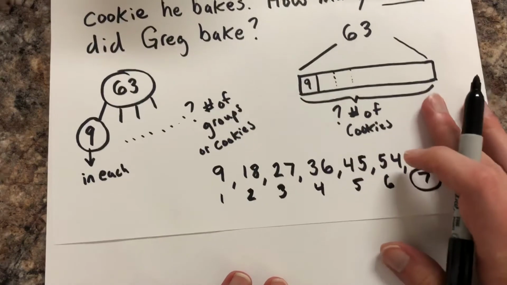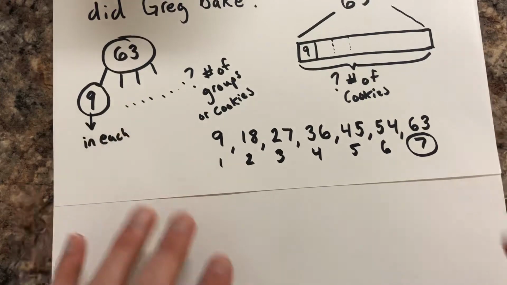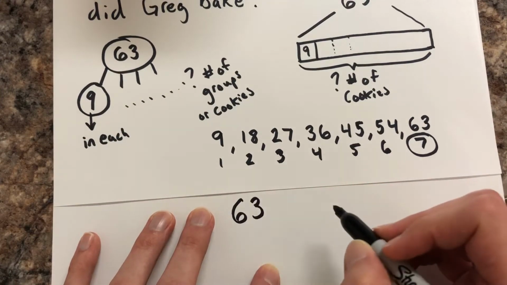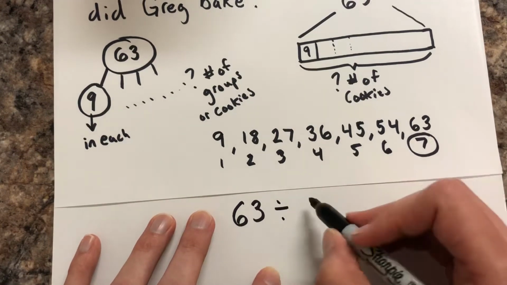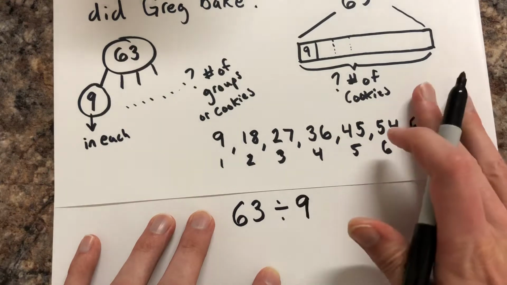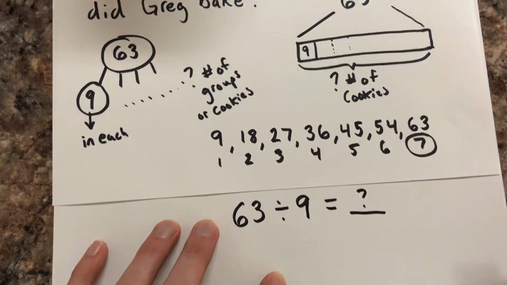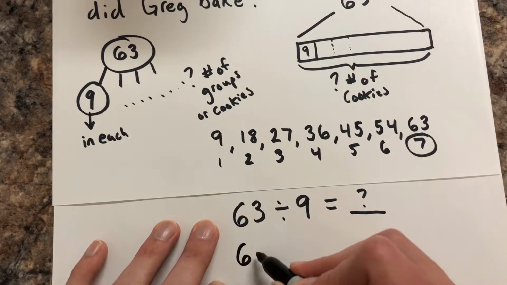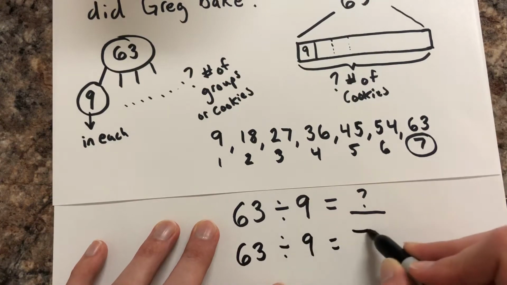Nice. So here's what my equation looks like then. I had 63 chocolate chips, right? I shared them equally with 9 chocolate chips on each. I wanted to know how many cookies that makes, which becomes 63 divided by 9 equals 7.